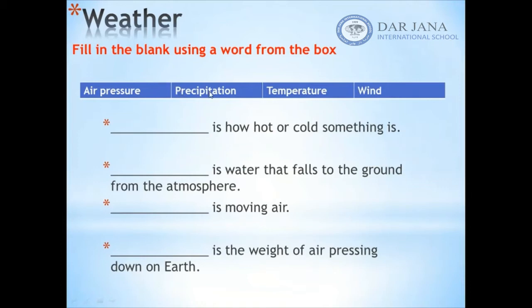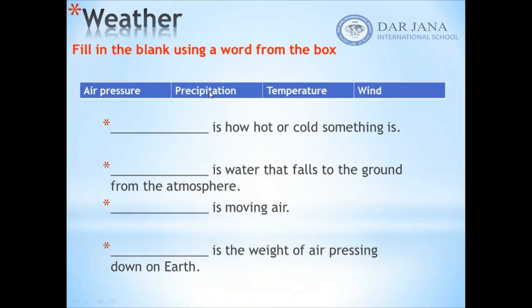Precipitation, we said that it is the water that falls to the ground from the clouds and from the atmosphere. Temperature, we all know the temperature. It's how hot or cold something is. For example, when you put your hand in fire, and please don't do that, you will feel that it's very hot, it's burning, simply because the temperature is very high. Whereas if you touch ice cream or any piece of ice, you feel that it's cold simply because it has low temperature.